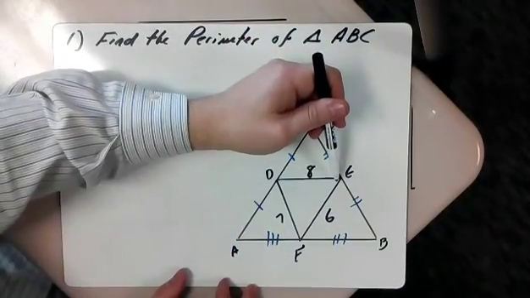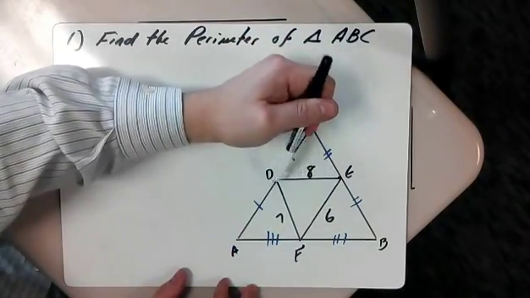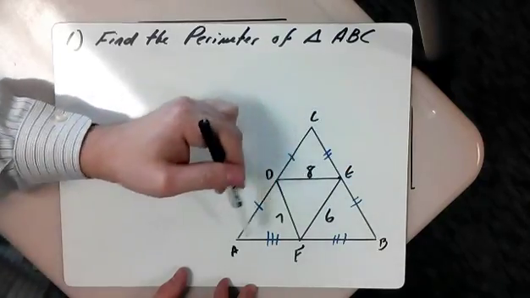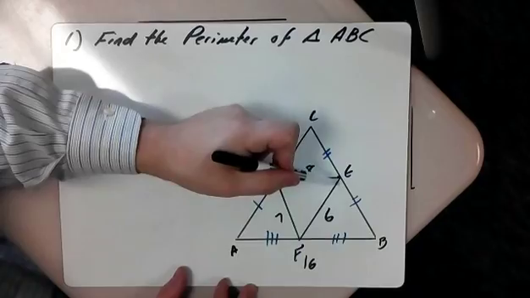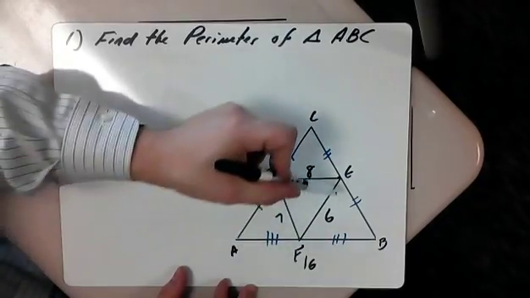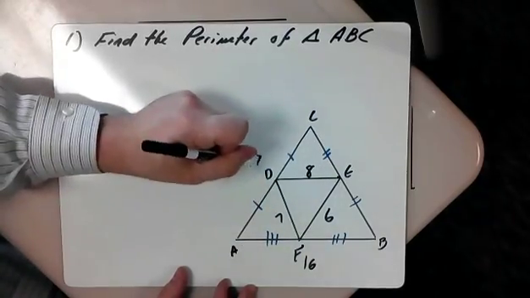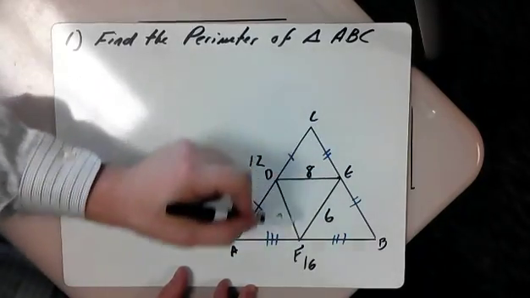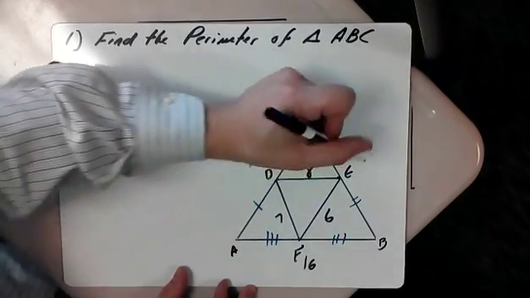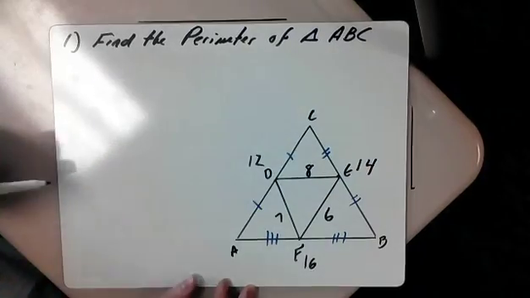How this works is this line or side is parallel with this side. So if this is 8, this is 16. This is parallel with this side here, so if this is 6, this is 12. If this is parallel with this side, then this is 7 and this is 14.